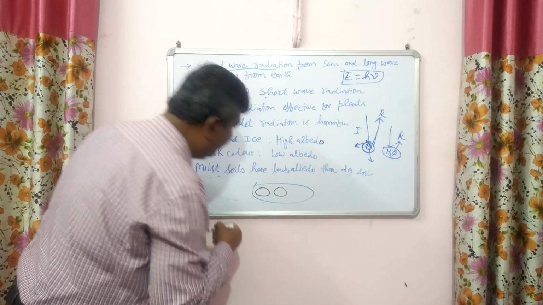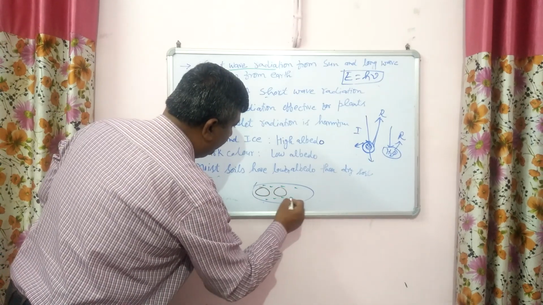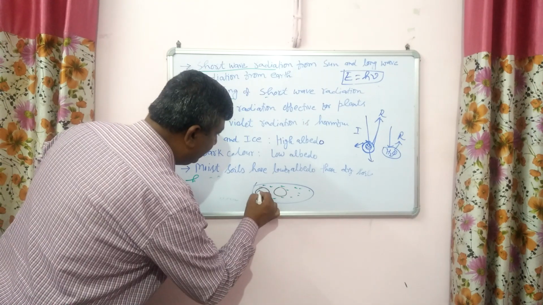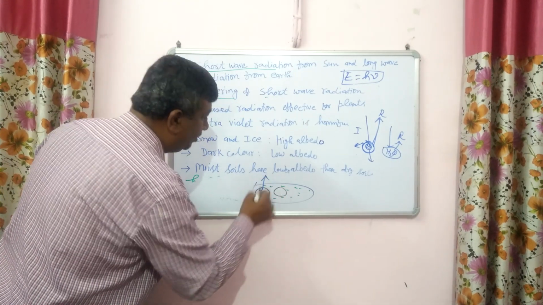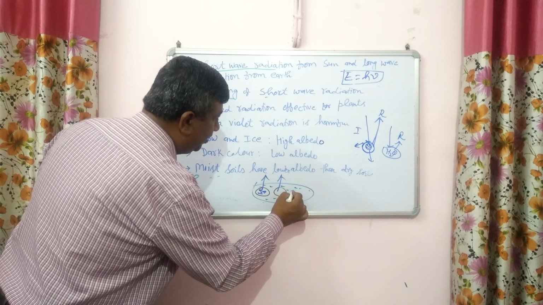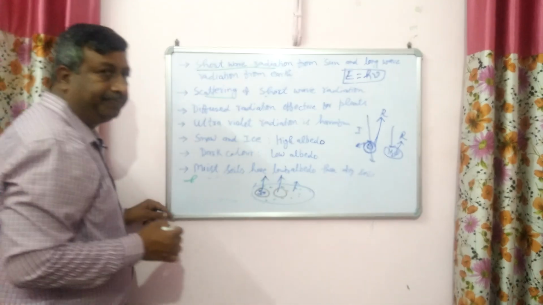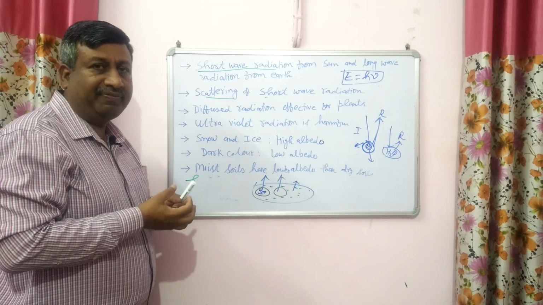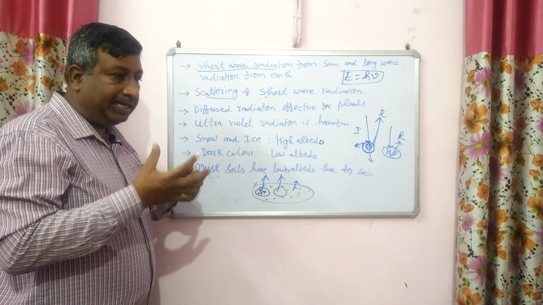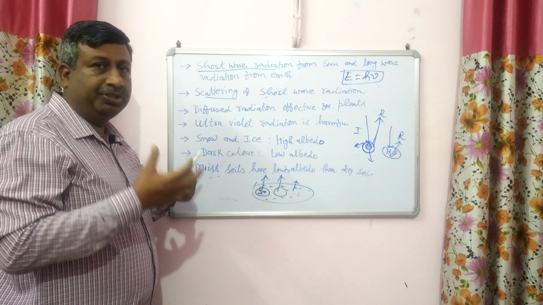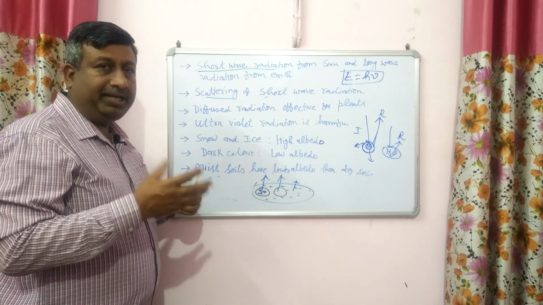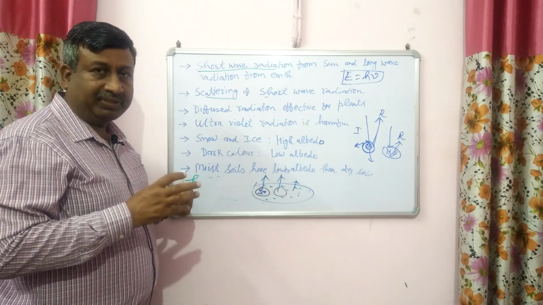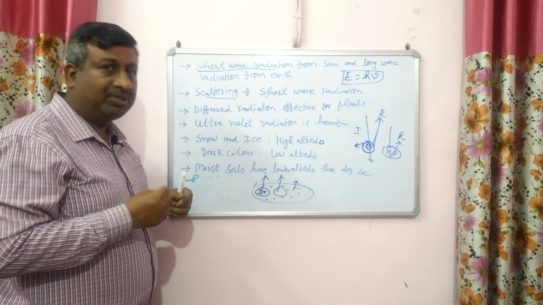Reflection from the ice will be high, but in the case of water reflection will be less. In water, most of the radiation is absorbed. But ice and fresh snow are white. A white, smooth and shiny surface always reflects the radiation, while a rough or dark surface absorbs the radiation.